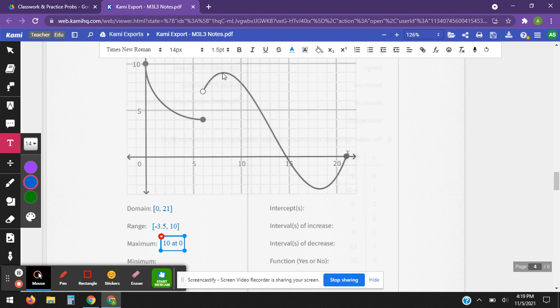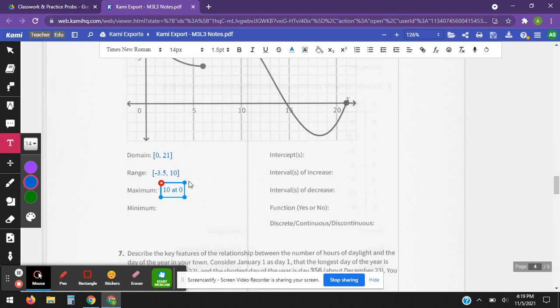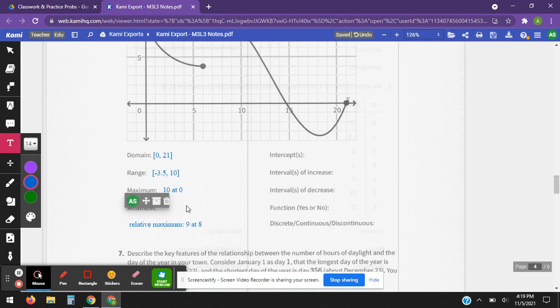A relative maximum would be 9 at 8. So let's type that here. Relative maximum is 9 at 8. Okay, so just so we know that we've got a couple of things going on there.